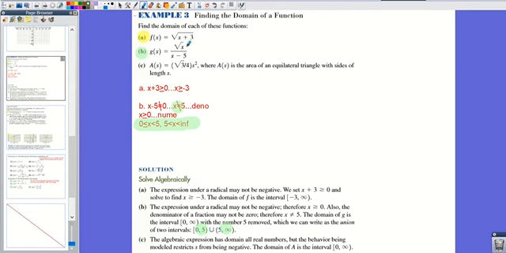Because the numerator cannot be negative, that's how I got this right here. And your denominator cannot be 5, that's how I got this right here. When I combine these two statements for numerator and denominator, I get that, and the mathematically mature way of writing that is this.